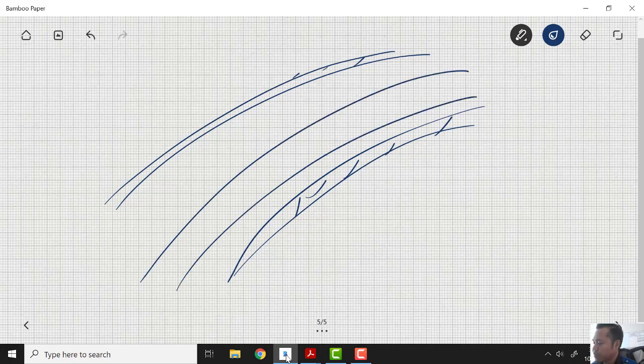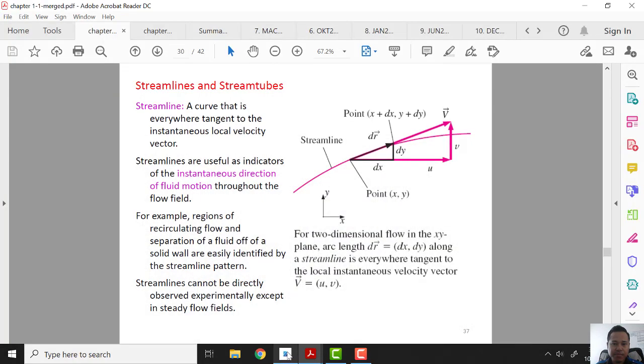Every single curve here, curve here, curve here, has the tangent, which means that here there is a streamline. A streamline is a curve that is everywhere tangent to the instantaneous local velocity. So the streamline here is just a line. Actually, it's not just a line.